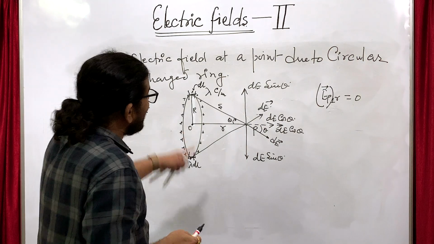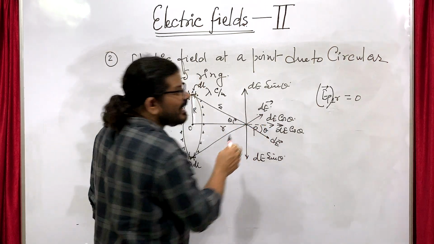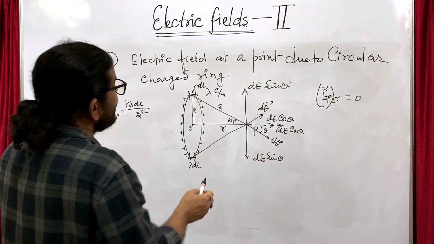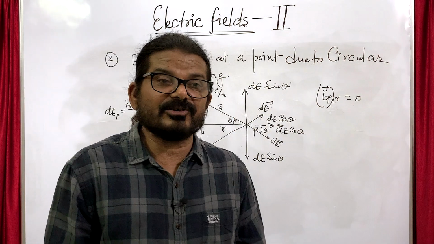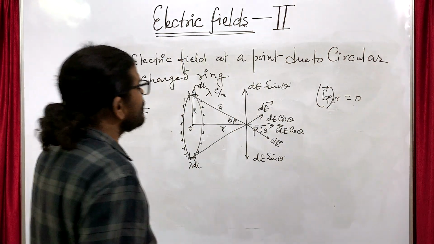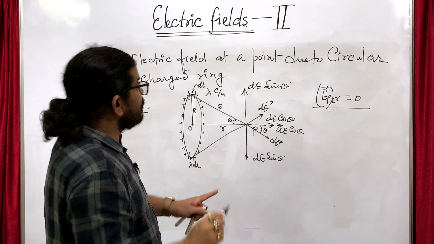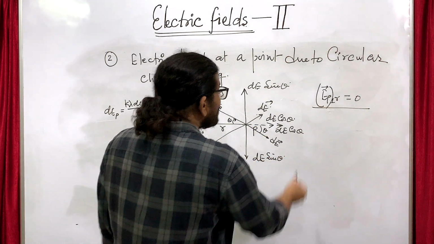If we call this OP line the axis of the charged ring, then we can say the electric field component perpendicular to the axis of the ring will definitely be 0. So the electric field at point P is not going to be perpendicular to the axis.